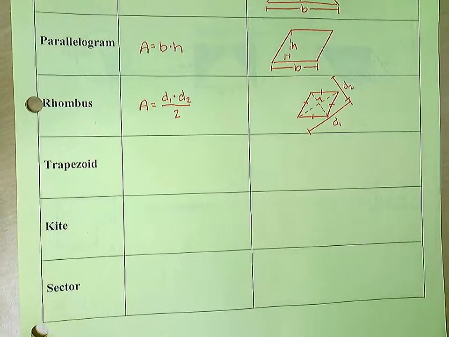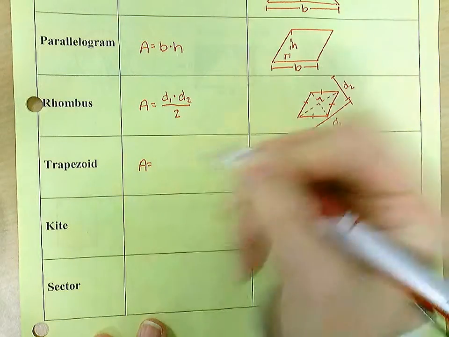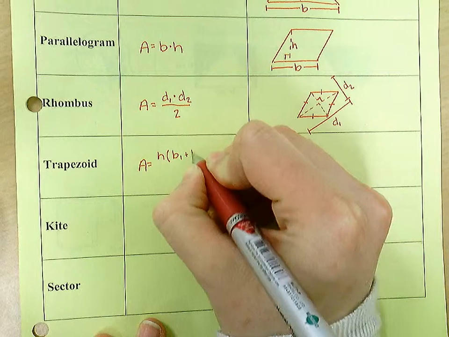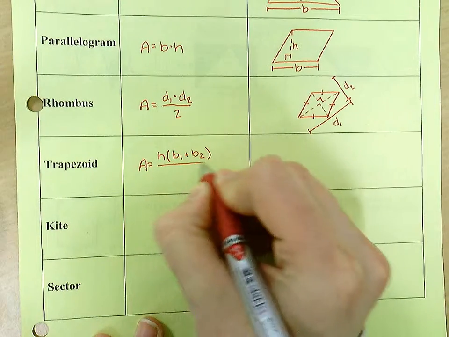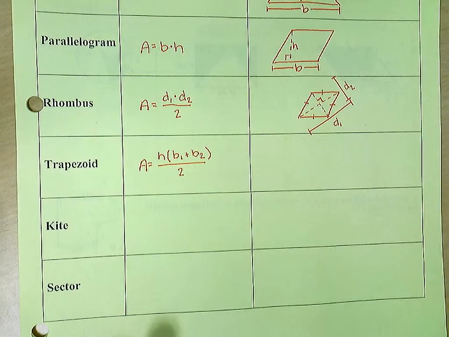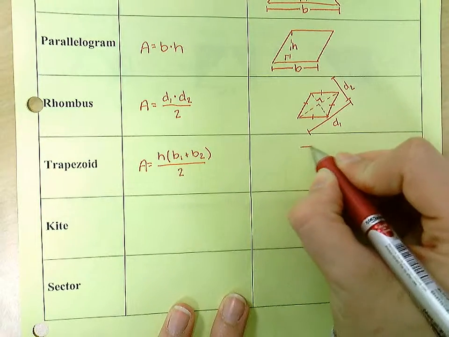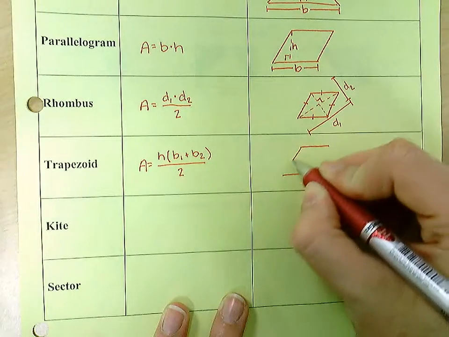Okay, next we have a trapezoid. Okay, the area for a trapezoid is your height times both bases added together, then divided by 2. Okay, in a trapezoid, you have one pair of parallel sides.